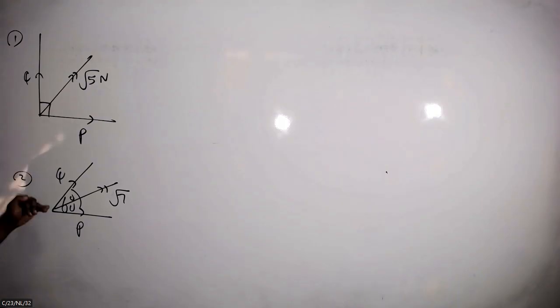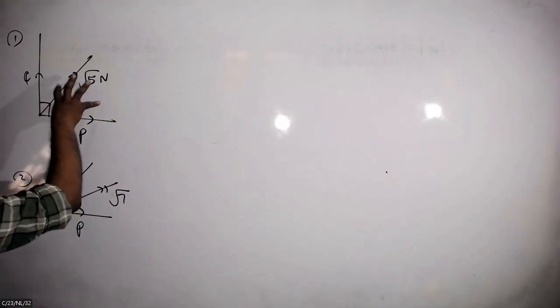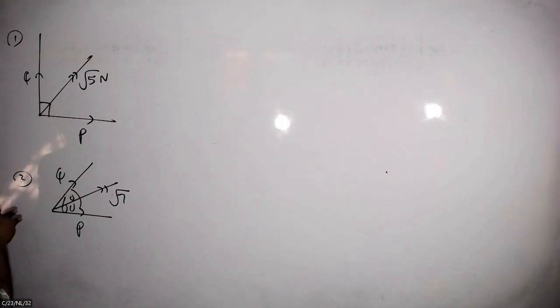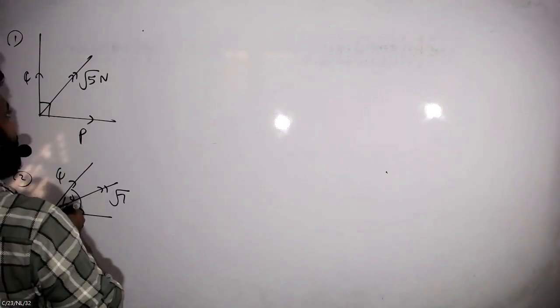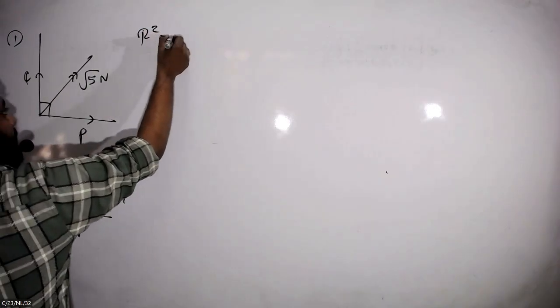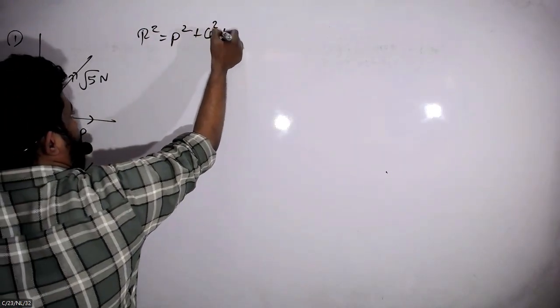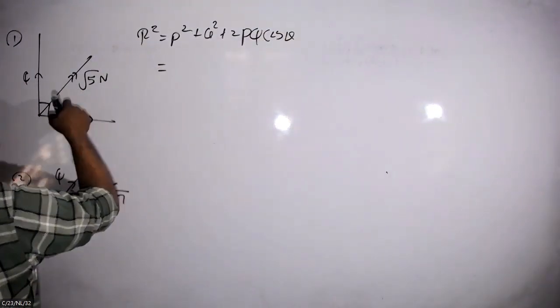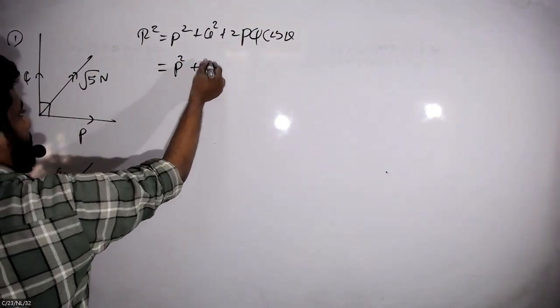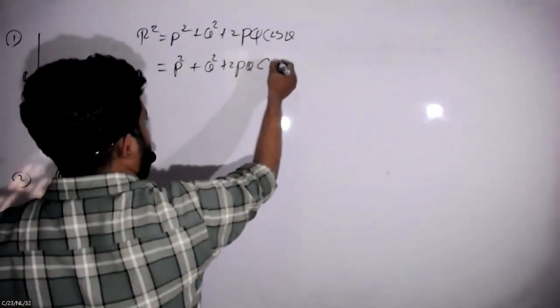To identify the answer, you need to apply the equation for the two cases, right? For the first case, you can apply the equation r squared equals p squared plus q squared plus 2pq cos theta.